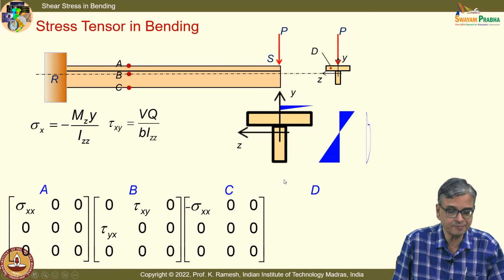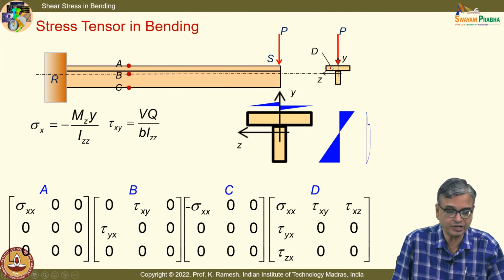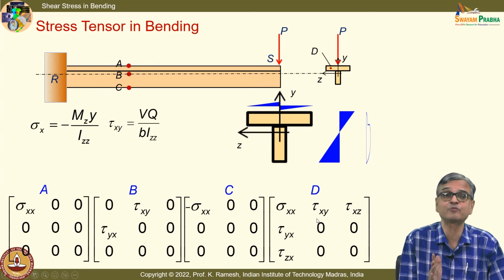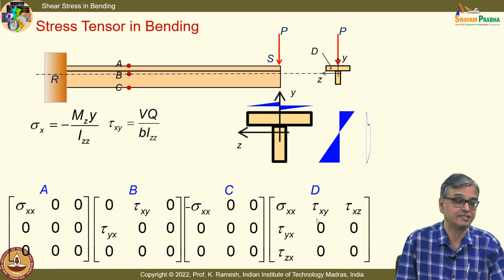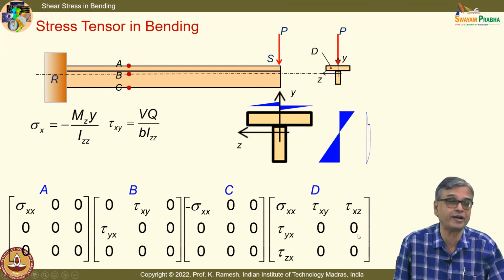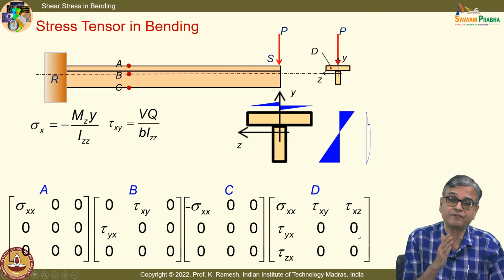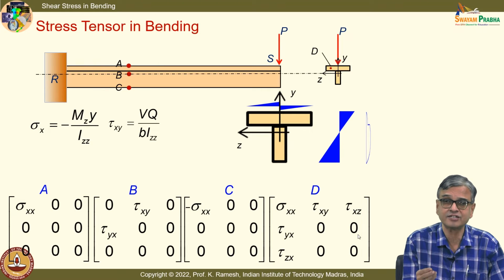And the interesting aspect is what happens at point D, that is what is put here. I have sigma xx, tau xy as well as tau xz. You should recognize that the stress tensor is more populated. So, we have learned how to get the expression for stress magnitudes, whether it is axial stress, shear stress in torsion, bending stress in bending, or shear stress in bending.